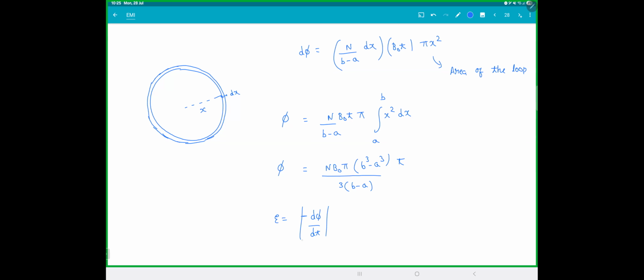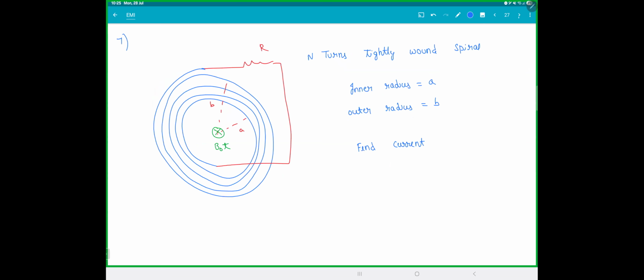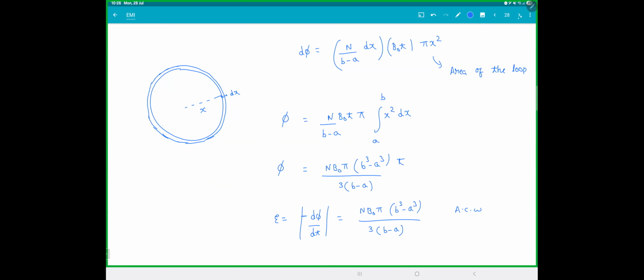I can get the magnitude, and I can get the direction from Lenz's law. Since the flux is increasing, my current will try to oppose it, therefore you get the direction. It should be anti-clockwise. Clear? Yeah, that's how you handle it. The 3rd time, I don't think you'll see it again, but yeah. You see a spiral, that's the idea there.